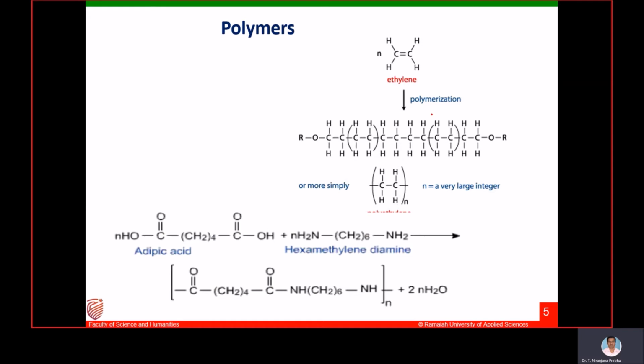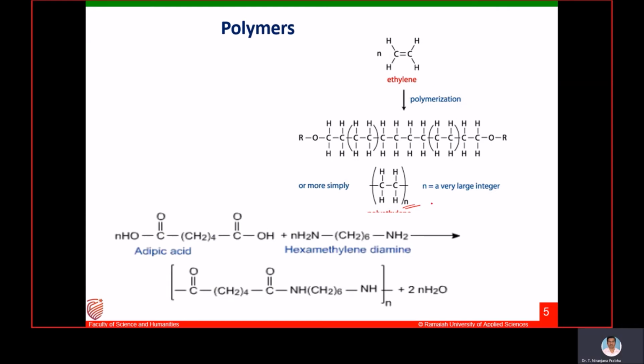Let's take this example, polyethylene. Ethylene gets converted to polyethylene, a very large integer depending on the repeating units. How many times this chain growth has repeated before the polymerization is stopped depends on the time, the initiator concentration and the monomer molecules available. All these factors contribute to the n here. First, how much ethylene, the number of ethylene monomers, you have taken.